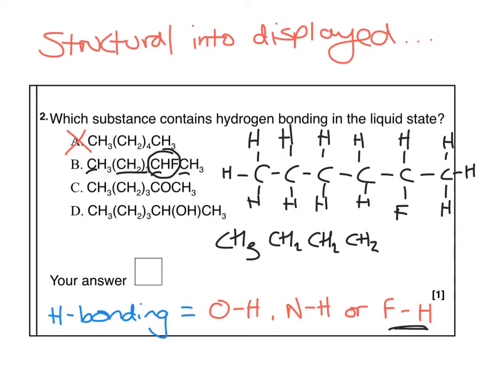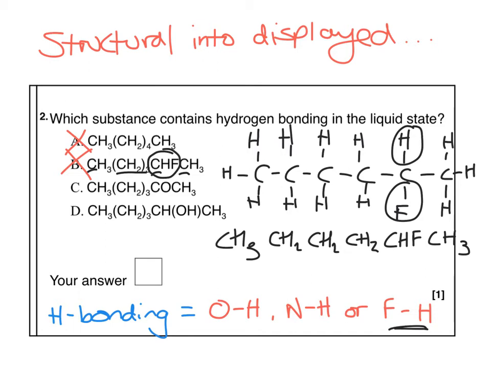You've got a carbon bonded to a H and a carbon bonded to an F. If there was an FH bond in there, it would be in brackets within the formula, but it's not, so it's not included. So it cannot be B.